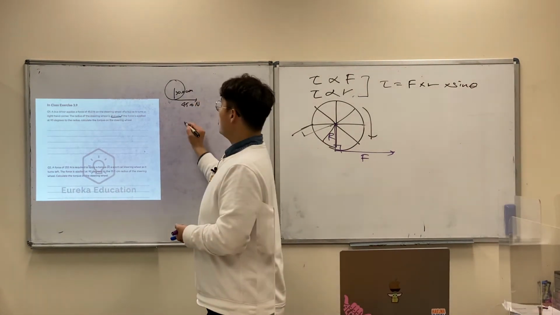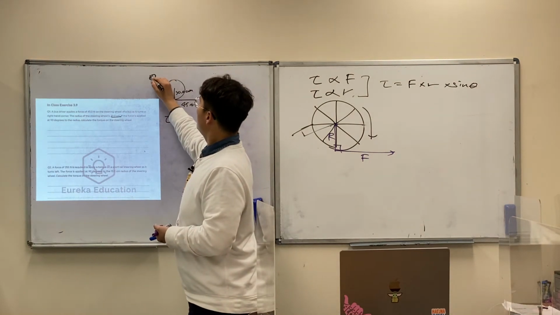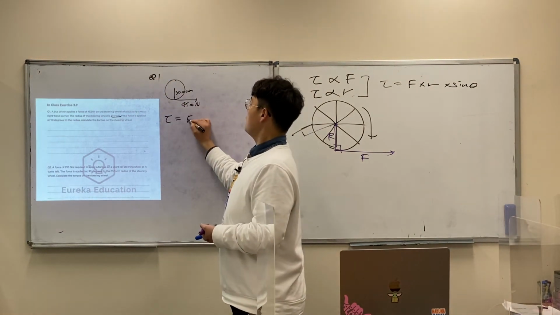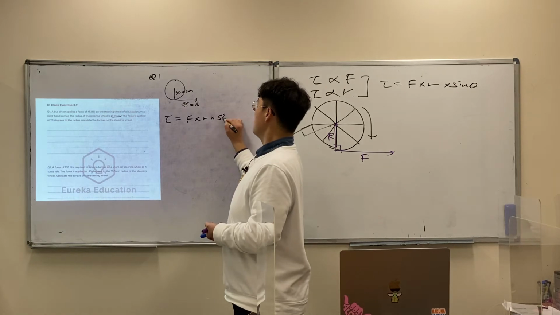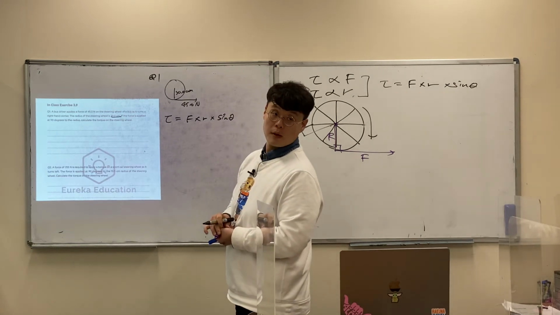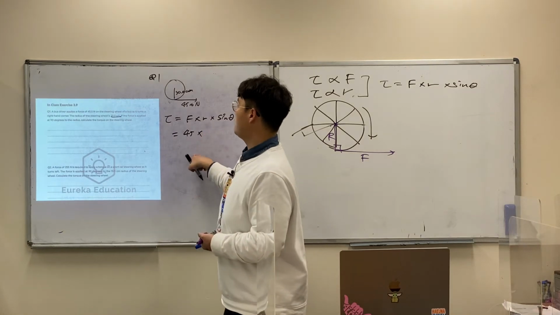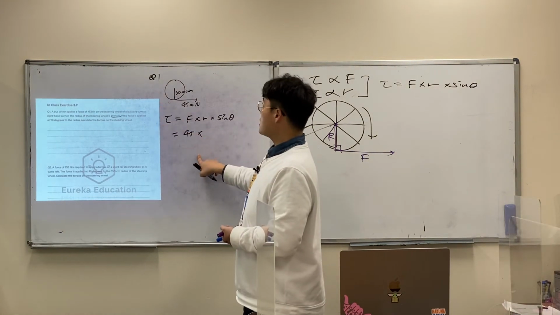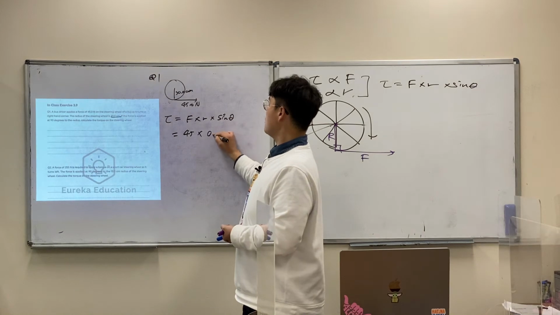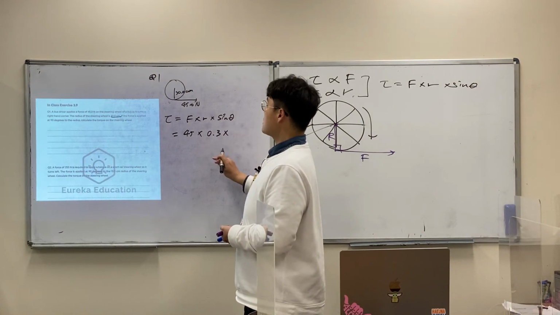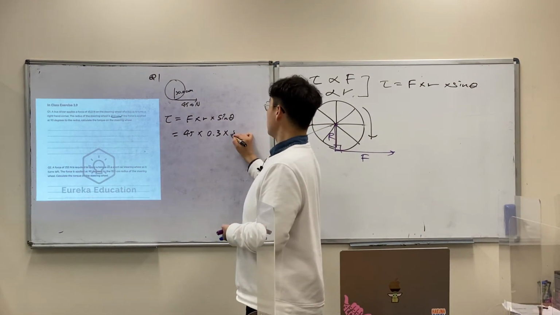Then all you need to do is that the torque is simply equal to F times R times sine theta. Then bring it up: F equals 45, the force applied on the wheel. R is equal to 30 centimeters, converted into meters, 0.3, times that 90 degrees, that would be sine 90.